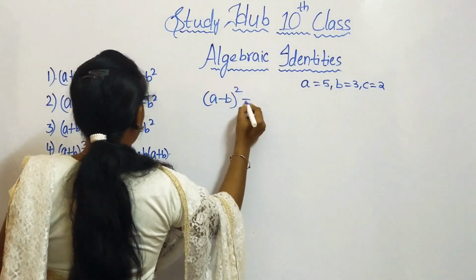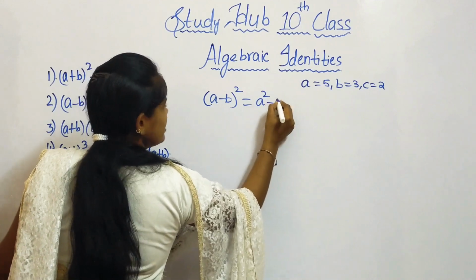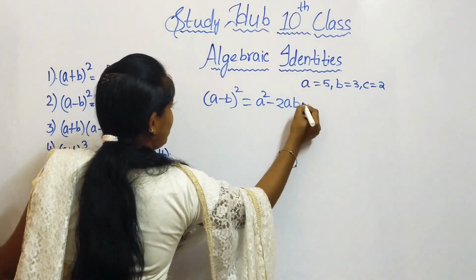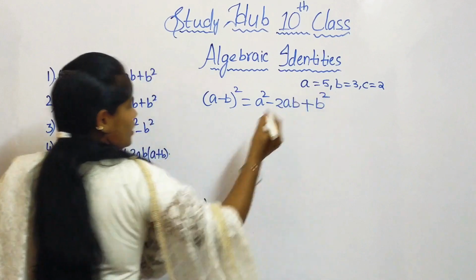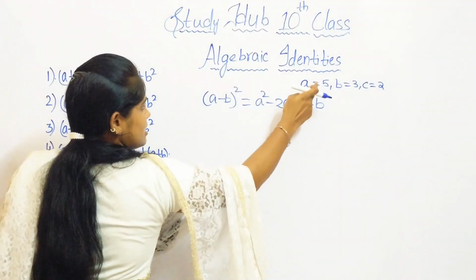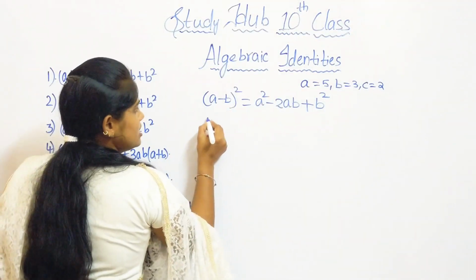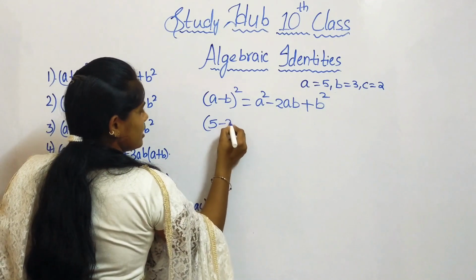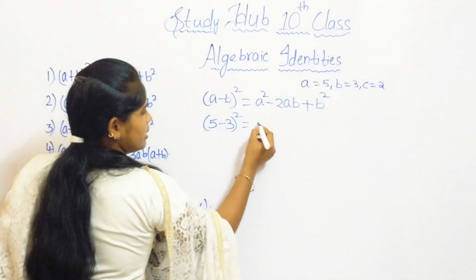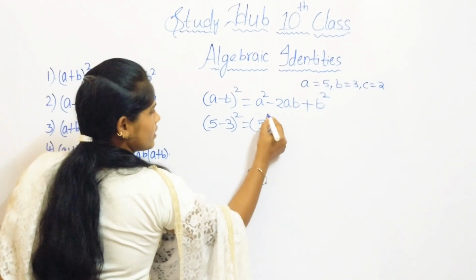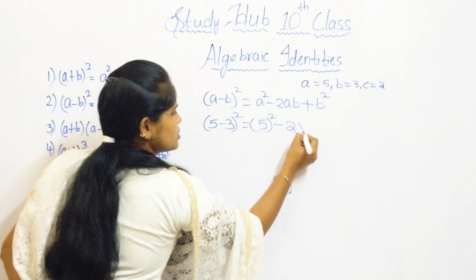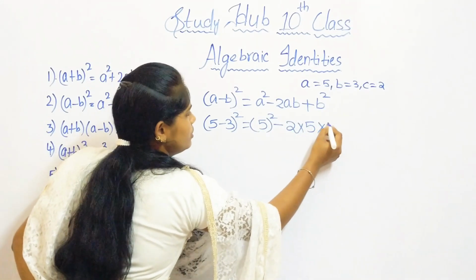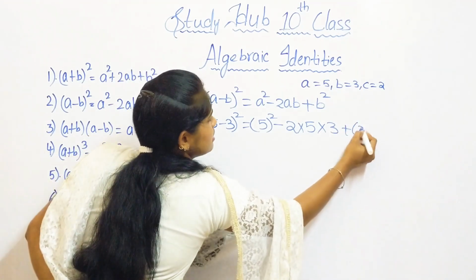A minus B whole square is equals to A square minus 2AB plus B square. Let us do the same. That means substituting the values of A and B into this. 5 minus 3 whole square is equals to 5 square minus 2 into 5 into 3 plus 3 square.